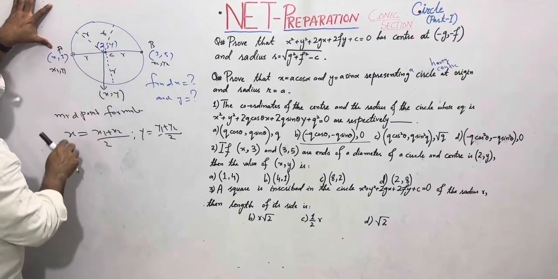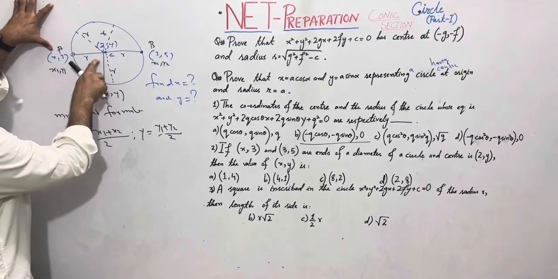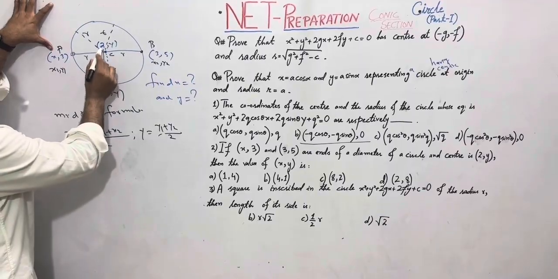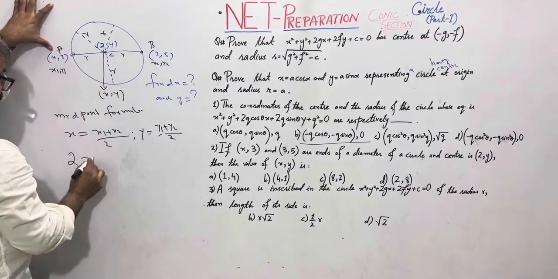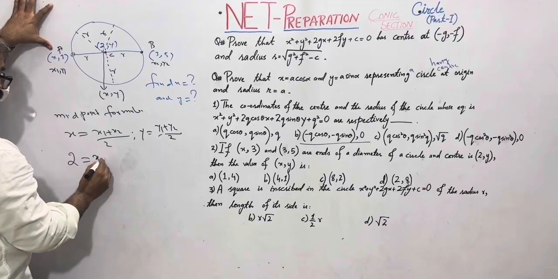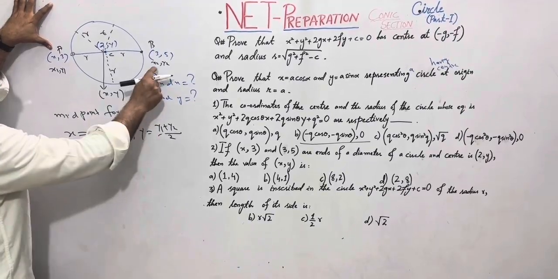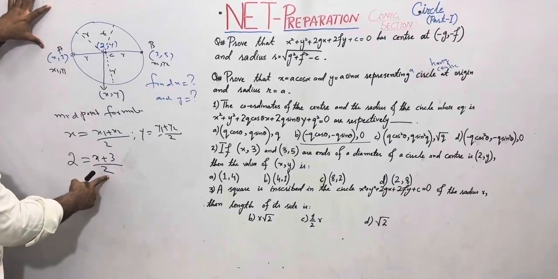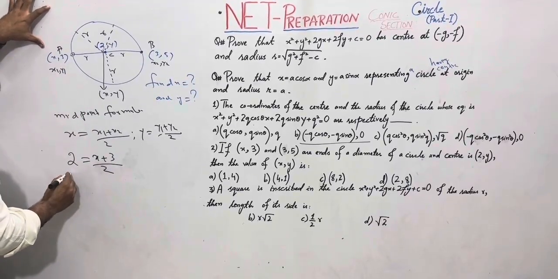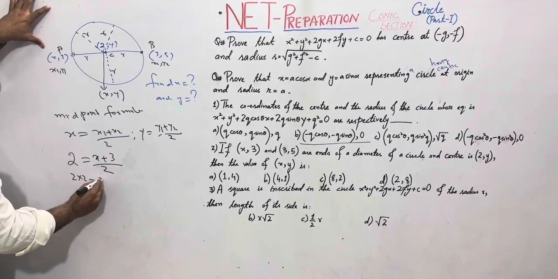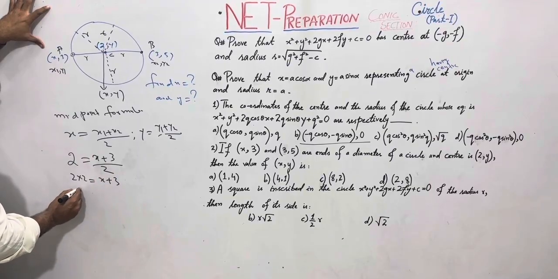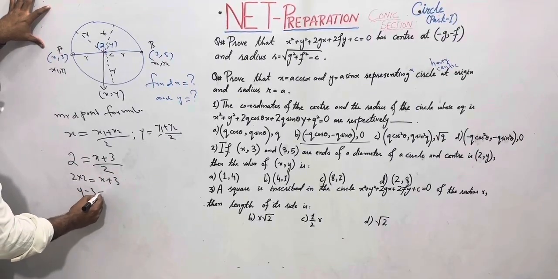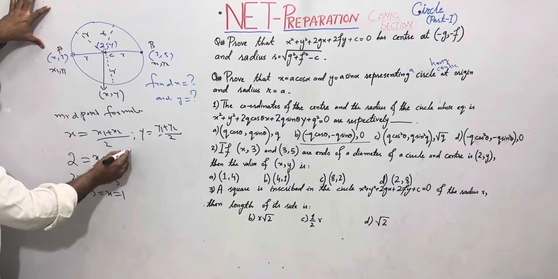Plug in the values. Here x is 2, x1 is x, plus x2 which is 3, divided by 2. Move the 2 here: 2 times 2 is equal to x plus 3. 4, shift 3 here, negative 3, and so x is equal to 1.